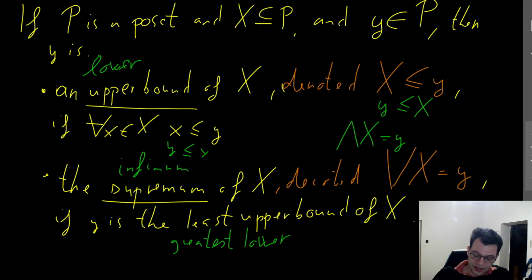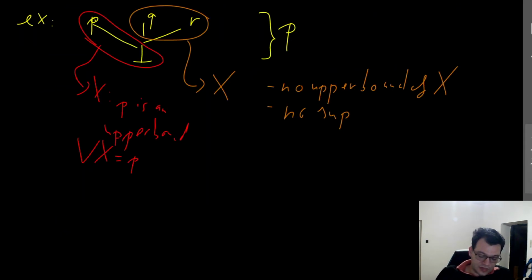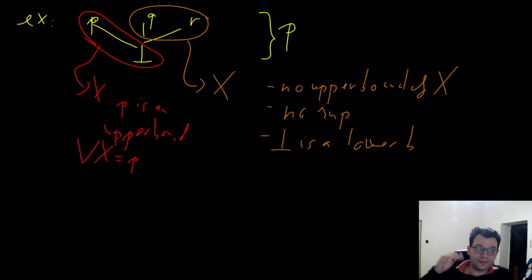Now let's just flip it back. Now for this x, for the brown part, we have that bottom is a lower bound because it's below both q and r. And bottom isn't the only lower bound, so bottom is the infimum of x in this case.